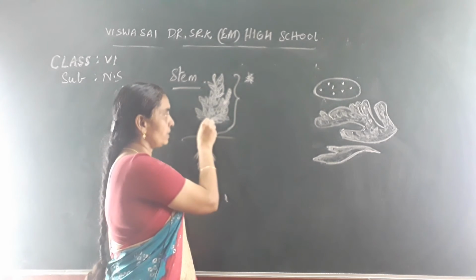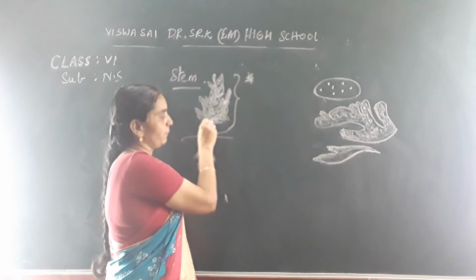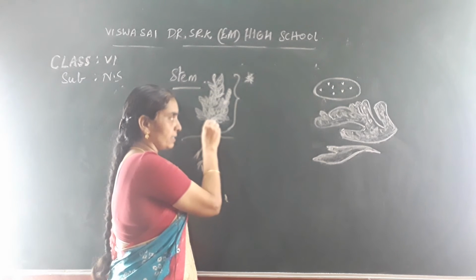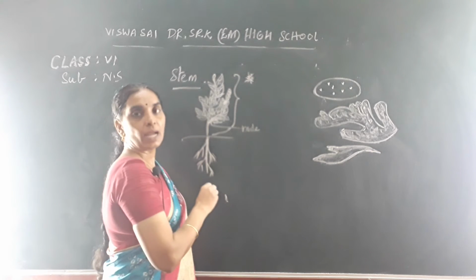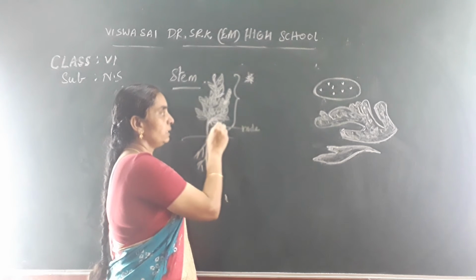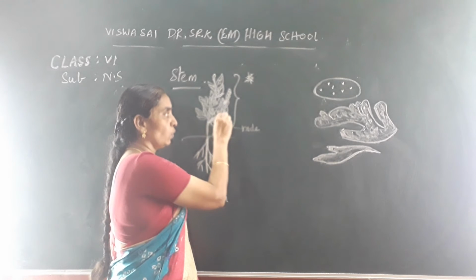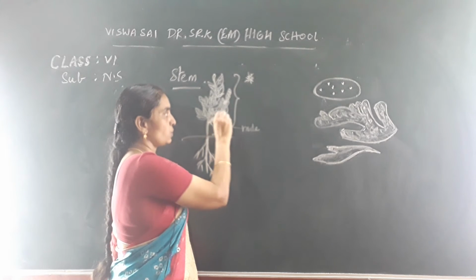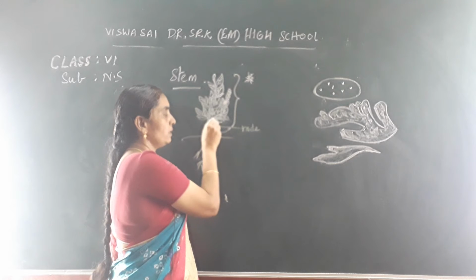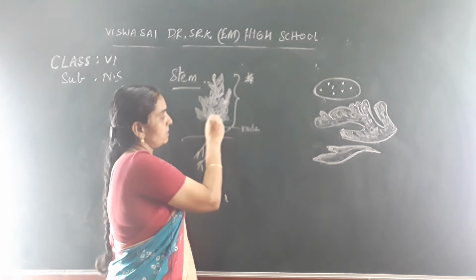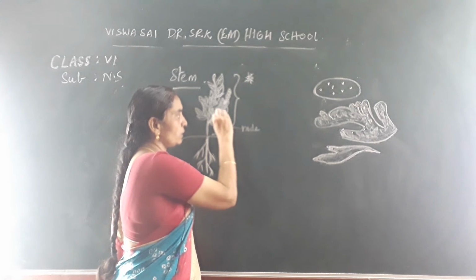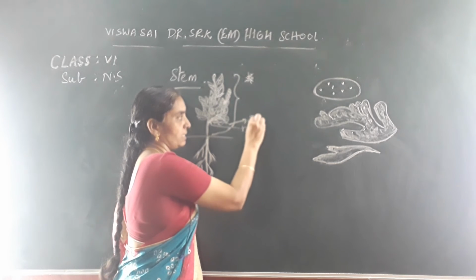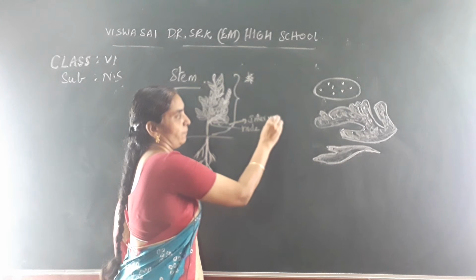The part of the branch or the stem where the leaf arises is called the node. And the part between two successive nodes, that is from the part where one leaf arises to where the other leaf arises, is called the internode.